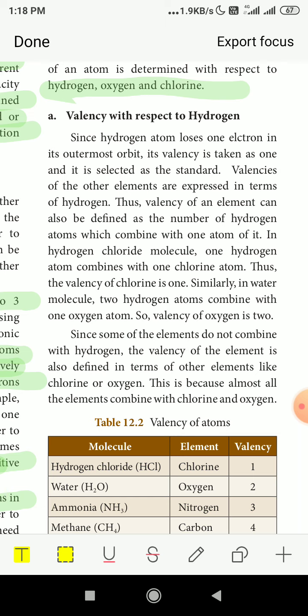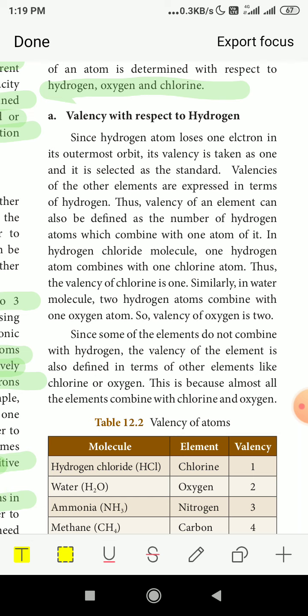Understood? In H2O, one oxygen combines with 2 hydrogen atoms, so the valency of oxygen becomes 2. In HCl, hydrochloric acid, chlorine combines with 1 hydrogen atom, so the valency of chlorine becomes 1.